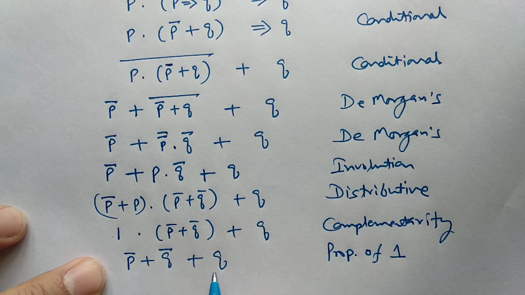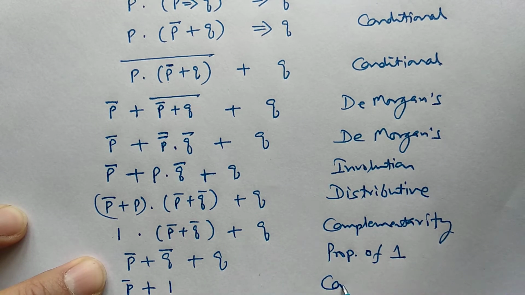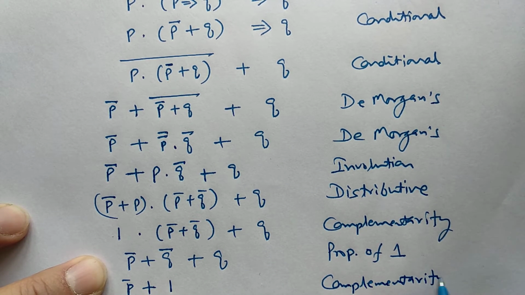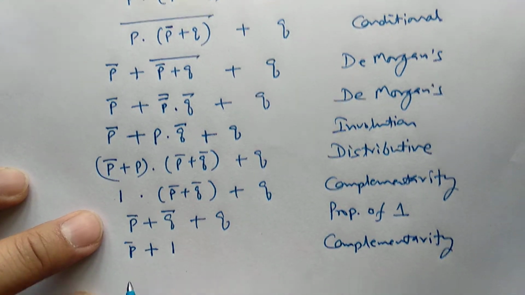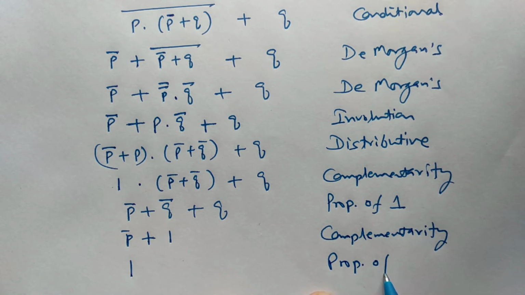And now in one expression you have Q as well as not Q, so not Q or Q is 1, and 1 or anything is 1. That is the identity law or property of 1.